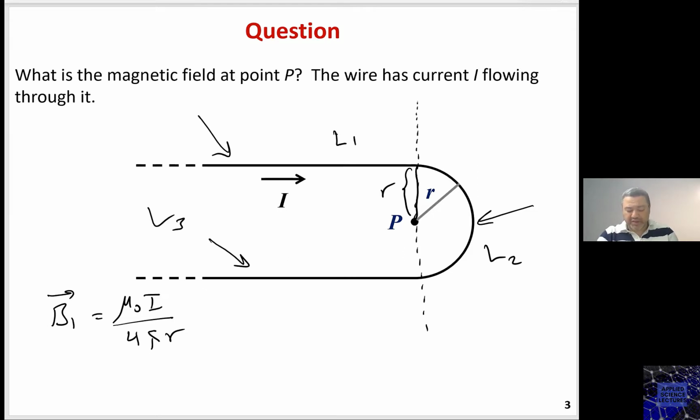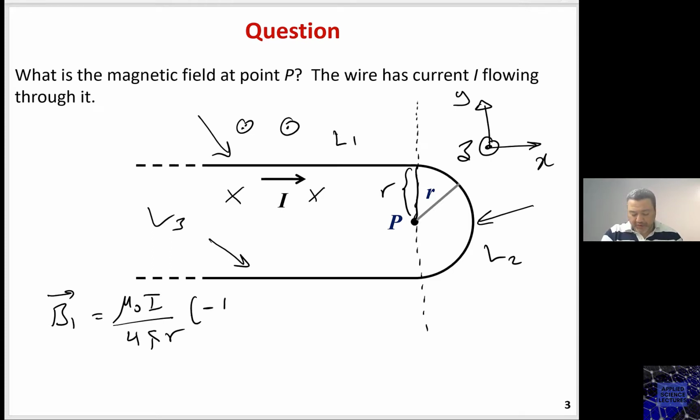So in this case, the magnetic field would be pointing out from this side at the upper side and pointing in on this side, which means if I take the coordinates as x, y, and z this way, then the magnetic field at the point P would be pointing in the negative direction for k.